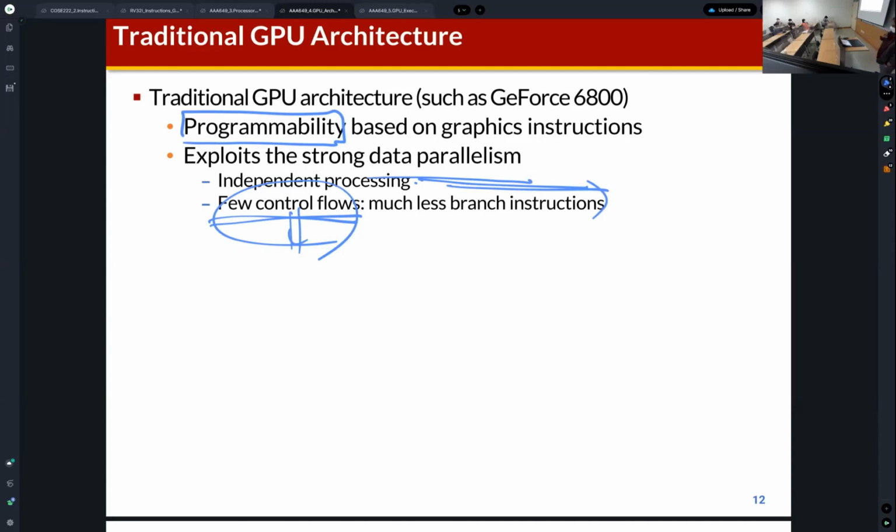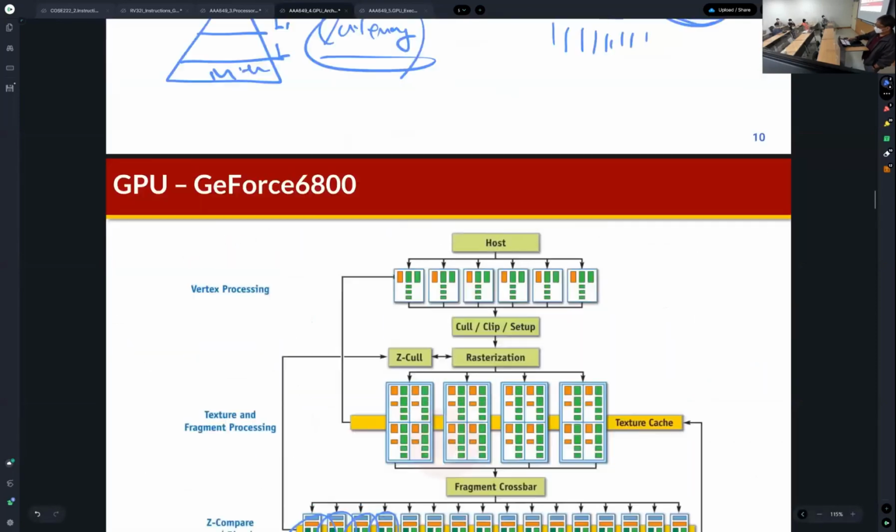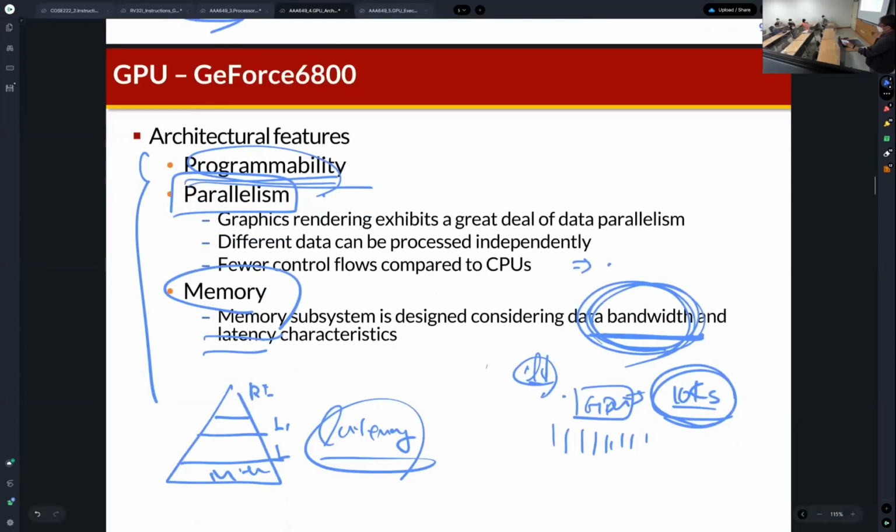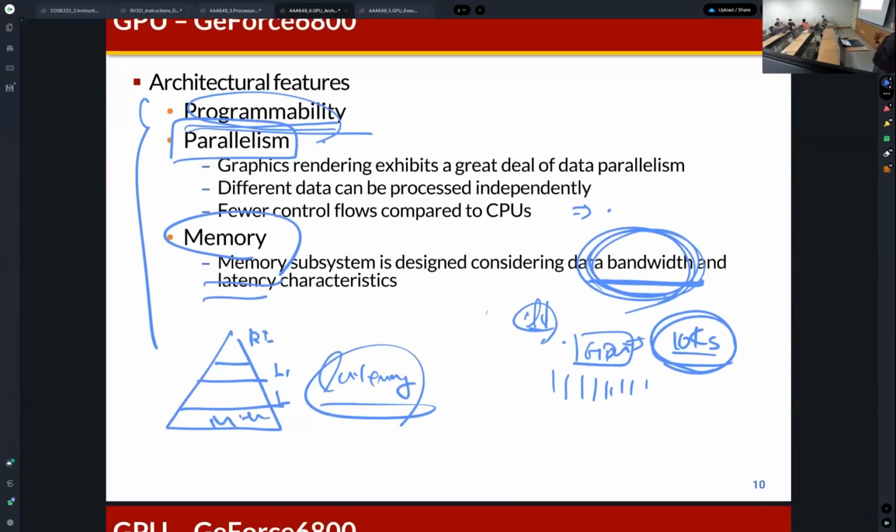In order to support data operations, GPUs need to support control instructions. That's true for modern GPUs, but as you can see, the original GPU was designed for supporting these features: simple programmability, data parallelism, and high bandwidth memory.